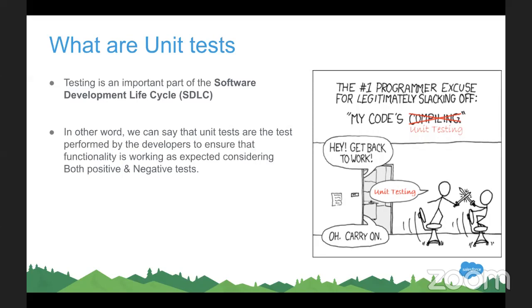So why do we need to do testing from the developer end? Let's take a simple example. You have a validation rule, and we all know how developers do testing. We might not cover all the scenarios while we are developing or testing, so we just push to UAT and assign it back to the QA team.